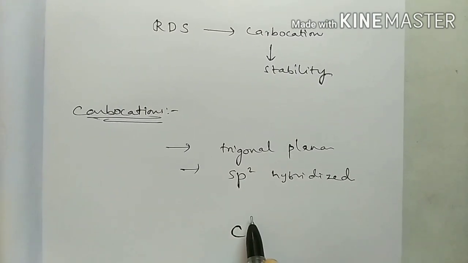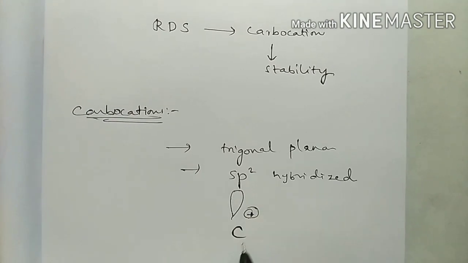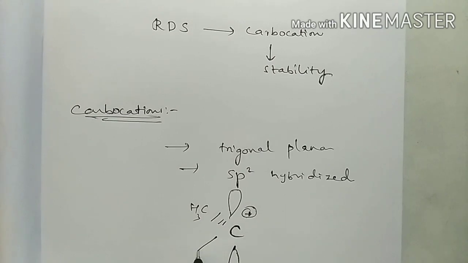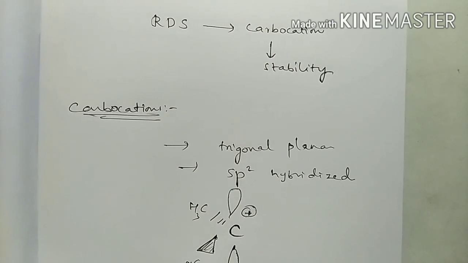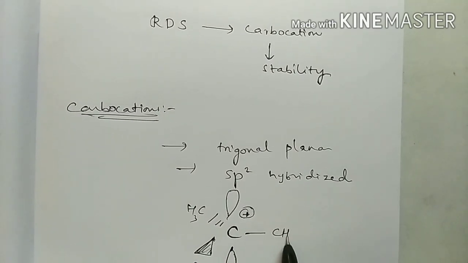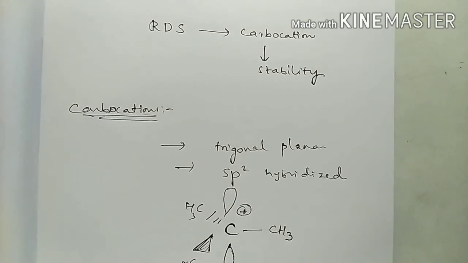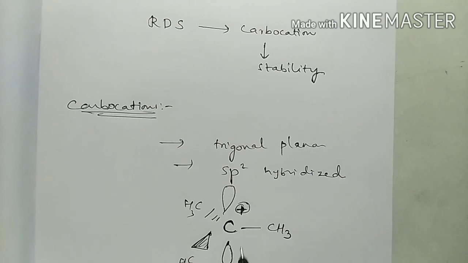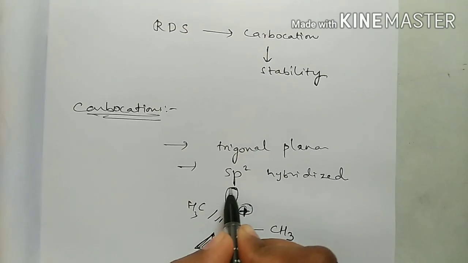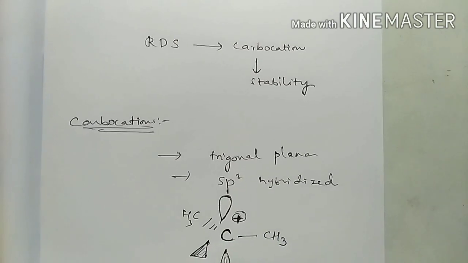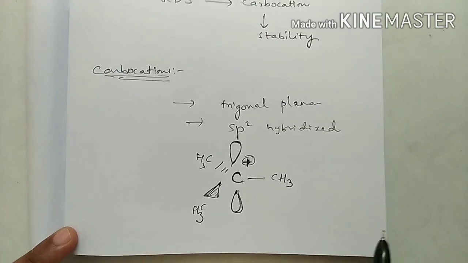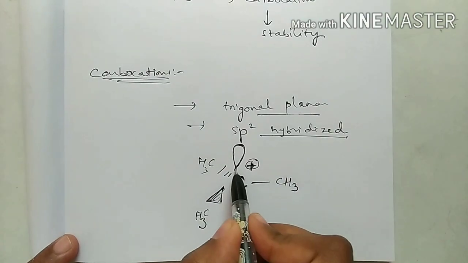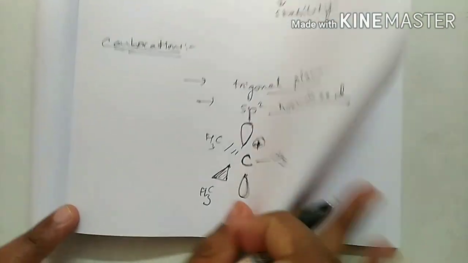So let us take an example. So this is a carbocation and the carbon is sp2 hybridized and it has a vacant p orbital. So carbocations are trigonal planar, sp2 hybridized and they contain a vacant p orbital.